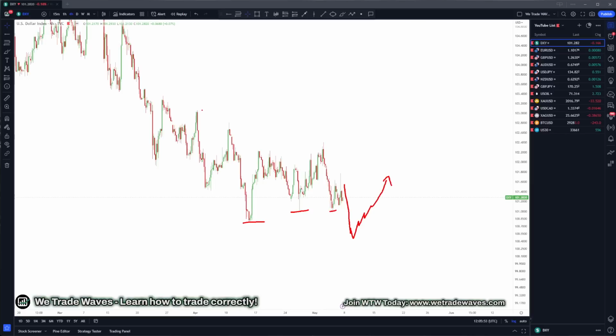Make sense, guys? Is that clear for DXY before I continue to other pairs? Just to make sure that everything is clear. You can hear me and you can see my screen before I continue to euro dollar and other pairs as well.